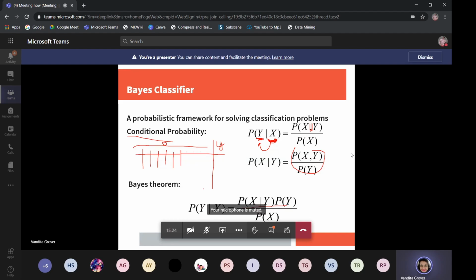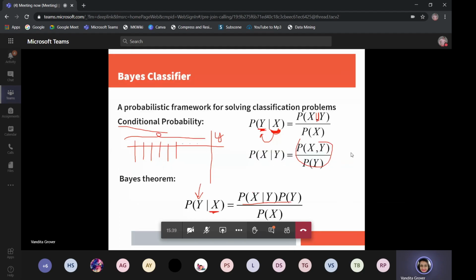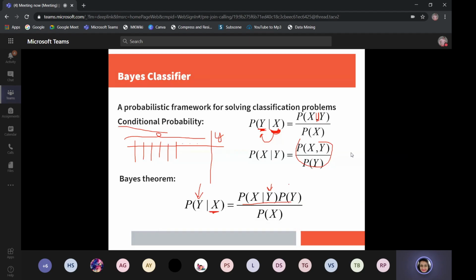What is the probability that the record belongs to some class given the values of attributes or independent attributes X? It can be computed as the probability of X given the class Y is already there, multiplied by the prior probability of class Y, divided by the prior probability of X. Now, obviously, you might get confused over this.